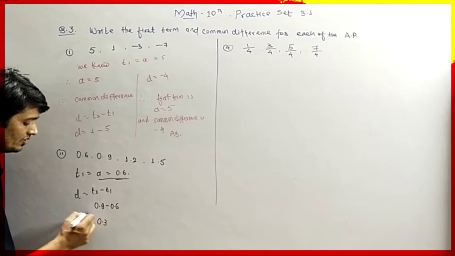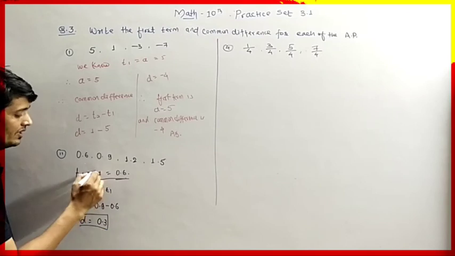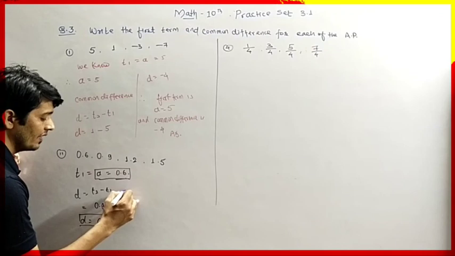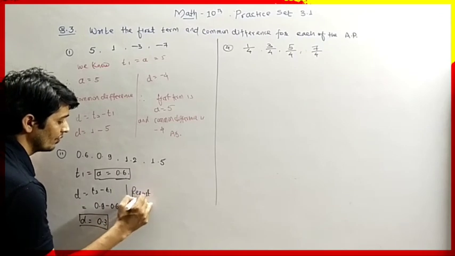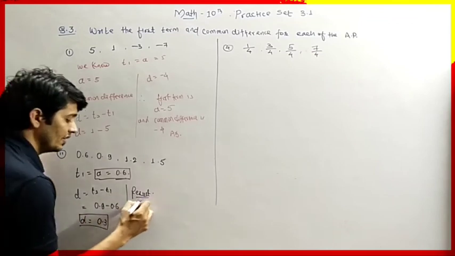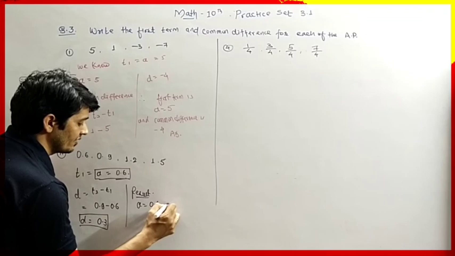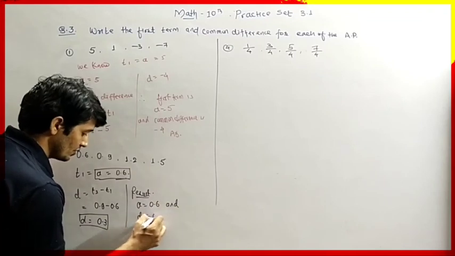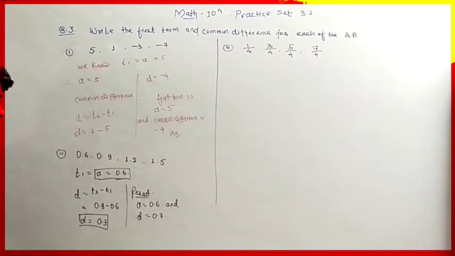So 0.3 is nothing but the common difference. Now we write the result. First term A equals 0.6 and common difference D equals 0.3. Okay, so this is the answer.